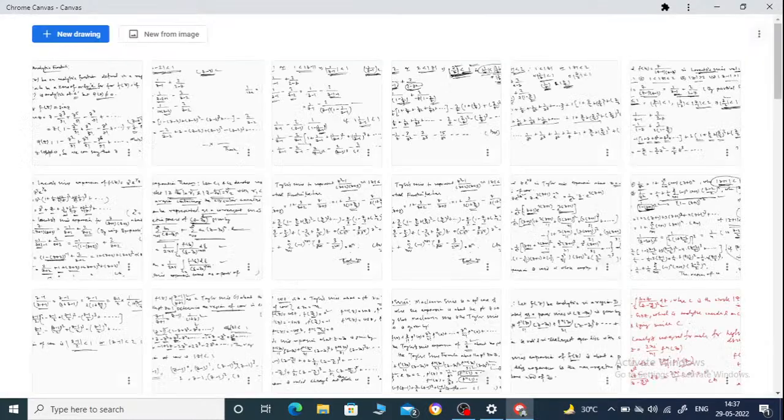Go to next page. Let us see another example. Problem 2.